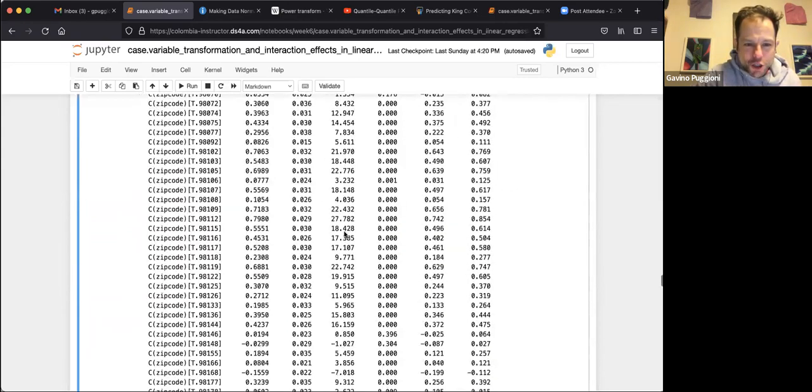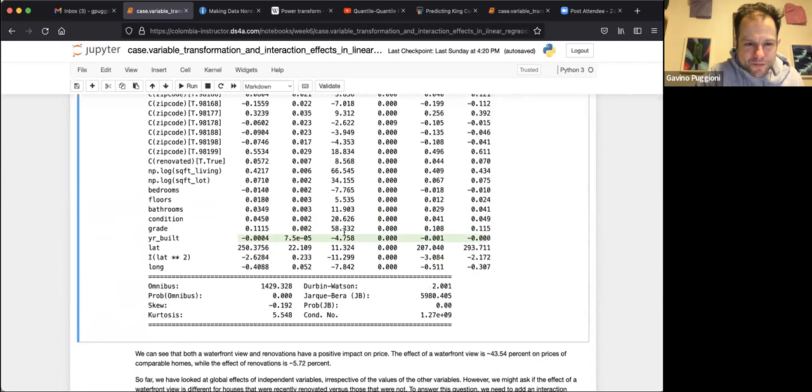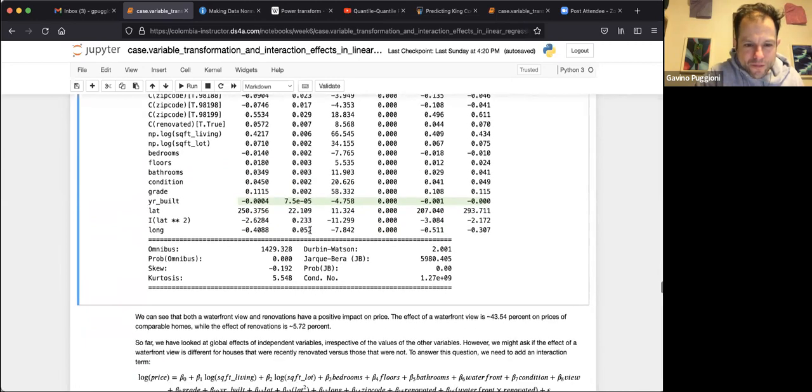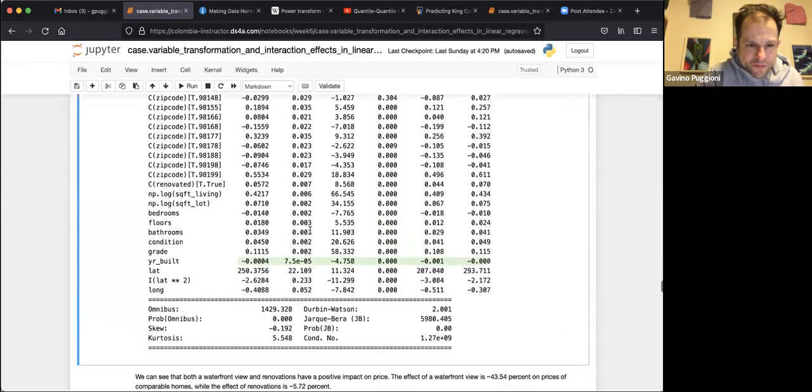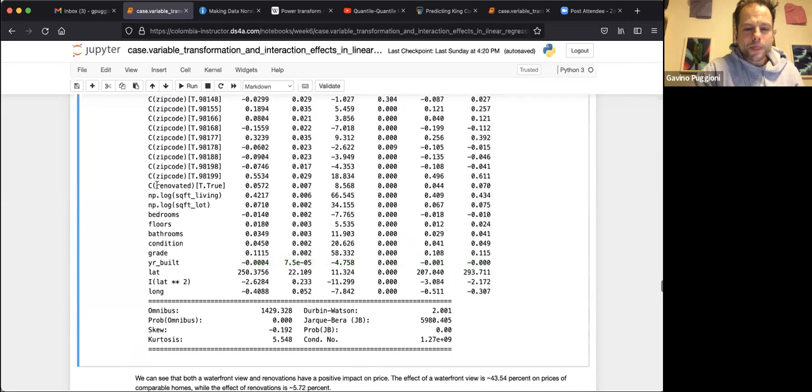Where is renovation? Here it is. They have a positive. So if a house, regardless of their age, was renovated, we can see that the price tends to increase.